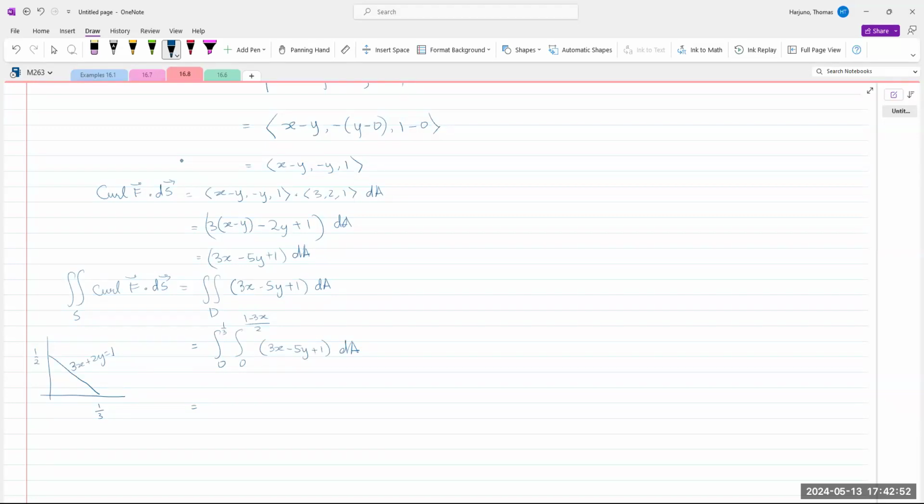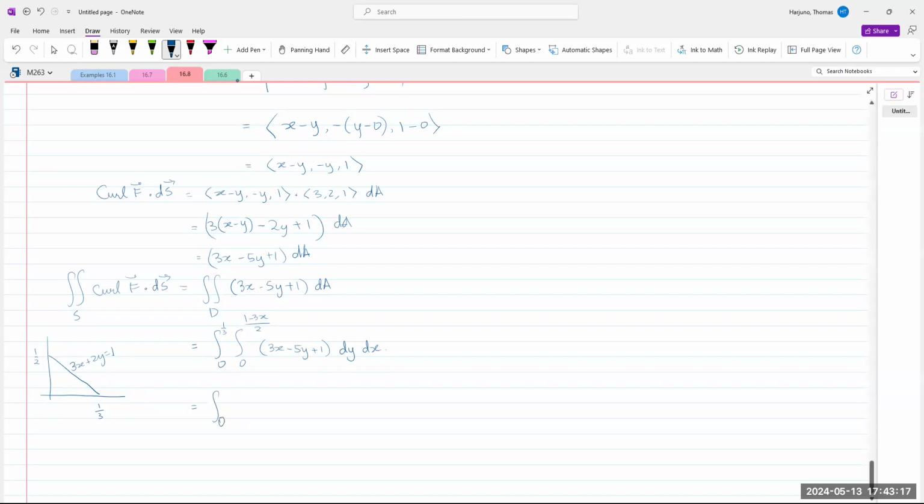Honestly, why? Because the double integral over 1 dA is basically the area of the triangle D. Okay, I'm sorry, it should not be dA right now. It should be dy dx. And then we just integrate it. I have time, so let me just do it.